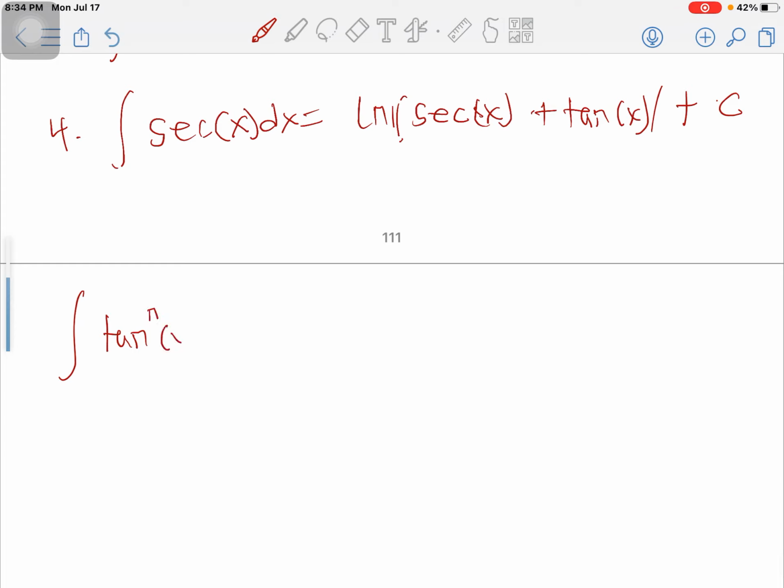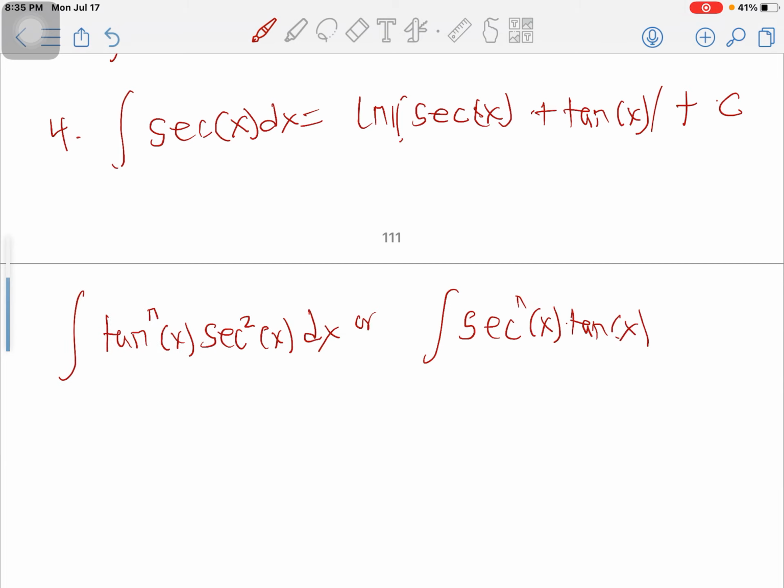For example, the integral of tan to the power n of x times sec squared x dx, or the integral of sec to the power n of x times tan x.